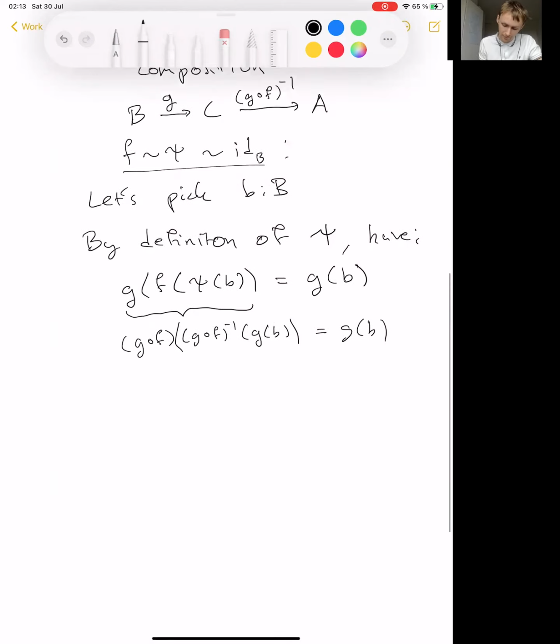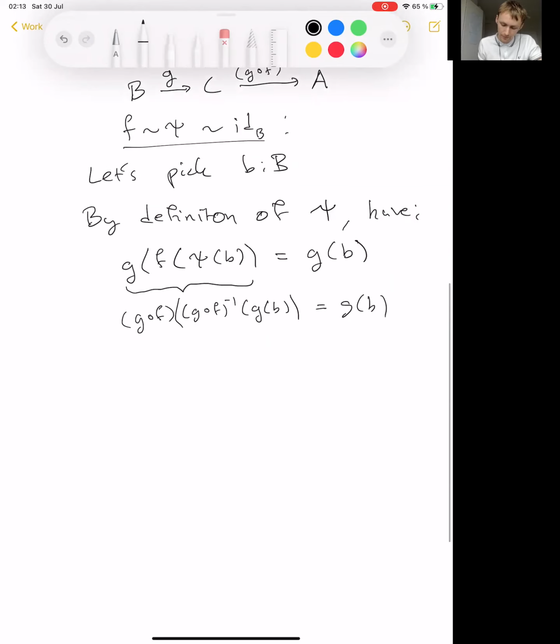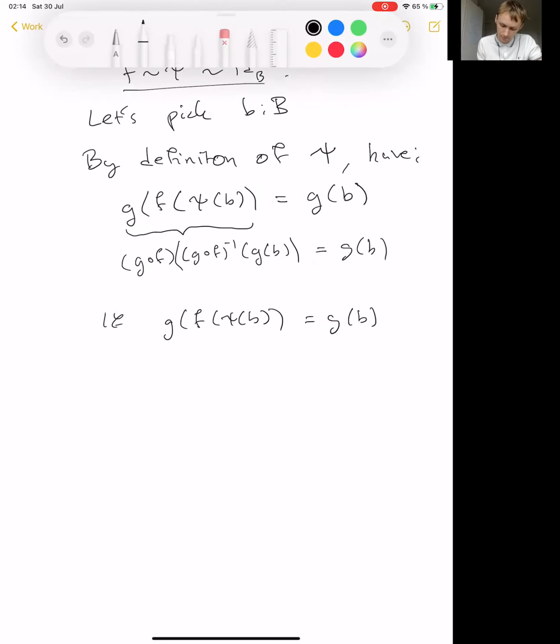Okay, so we have a proof of this. Very good. If g of f of psi of b equals g of b, we can apply g inverse, because by assumption g was an embedding, so it has an inverse. So this in fact implies that f of psi of b equals b.